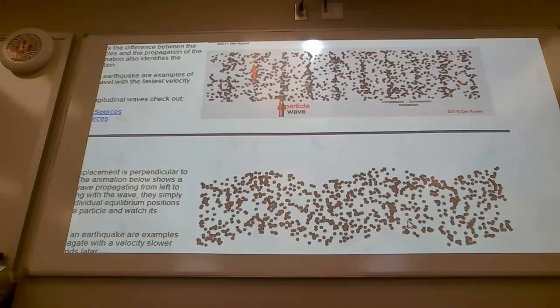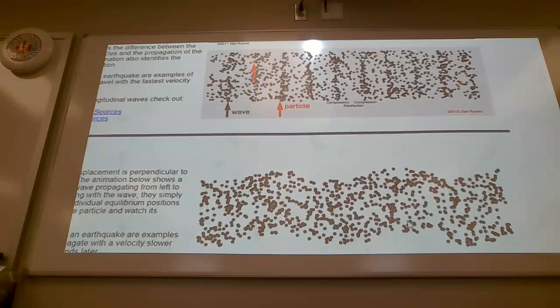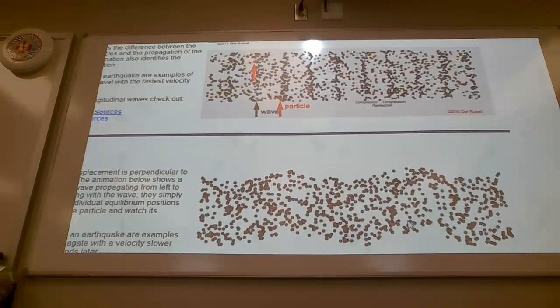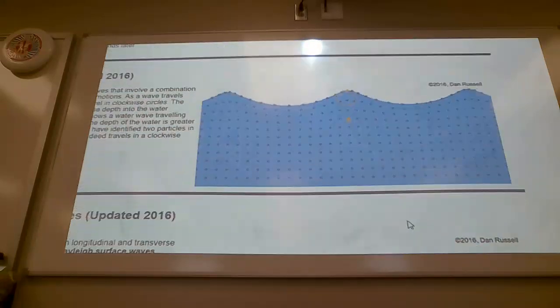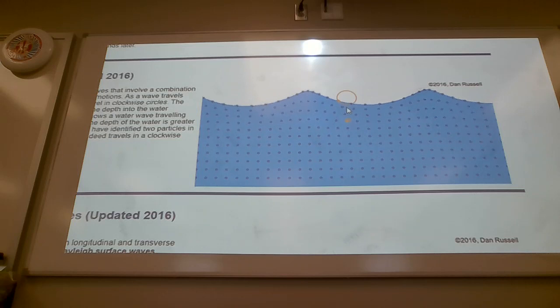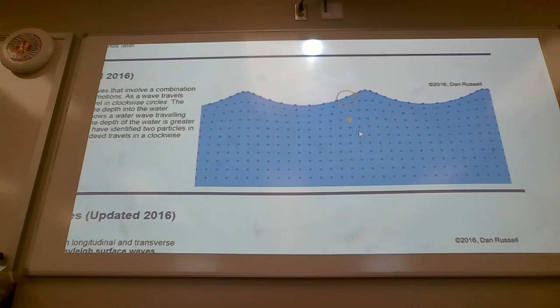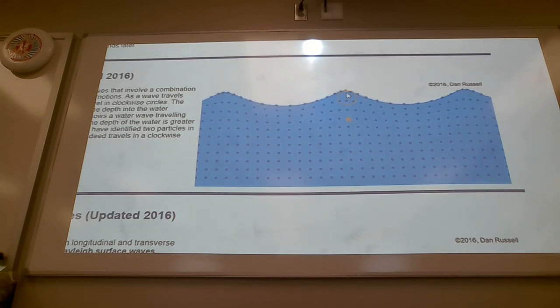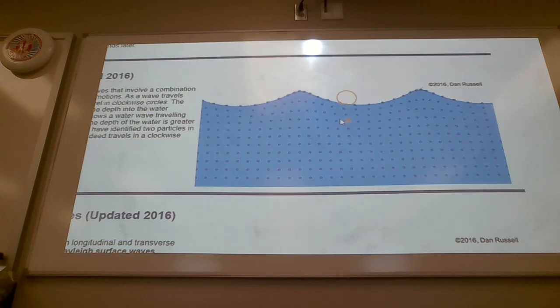A common question is, what is an ocean wave? Turns out an ocean wave is a combination of transverse and longitudinal. If you think of a seagull or a buoy or a piece of driftwood, it moves not only up and down, but also left and right.